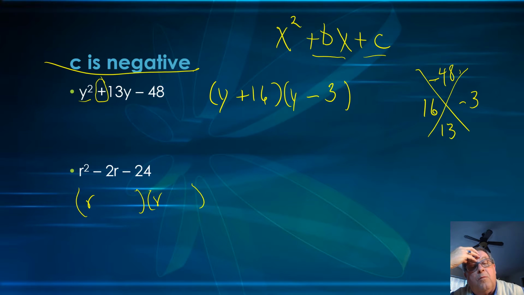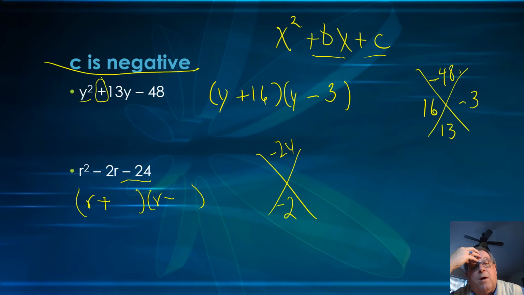Now, again, my C term, my last term, is negative, which means I've got to have a positive and a negative inside my parentheses. And now I'm looking for two numbers that are going to multiply to negative 24 and are going to add to negative 2.